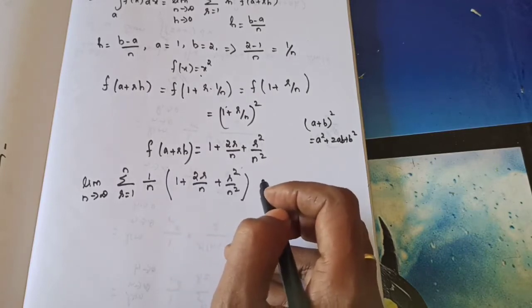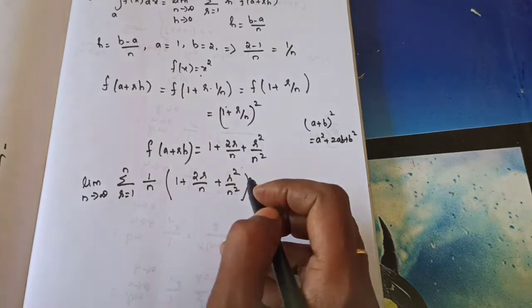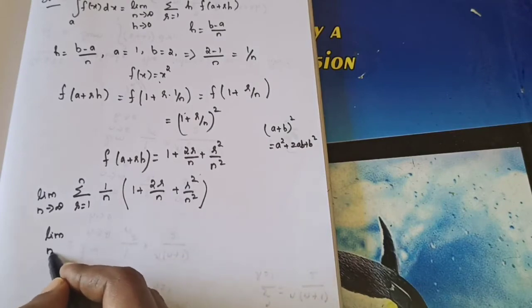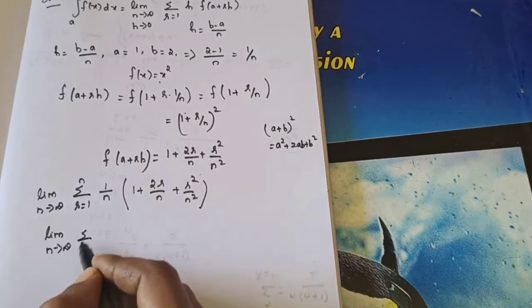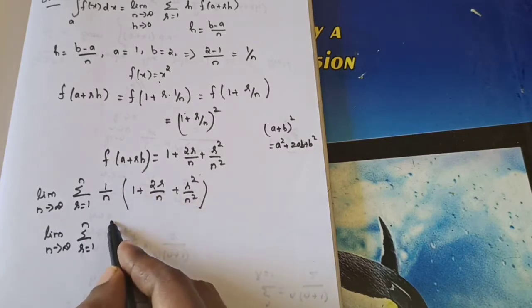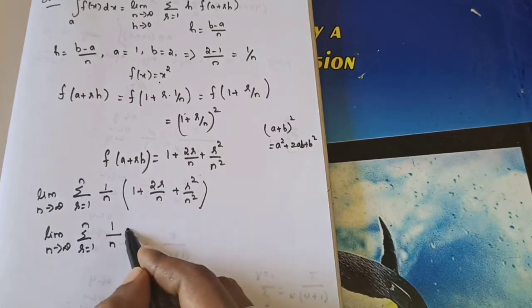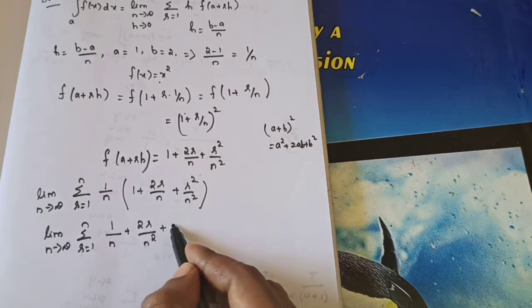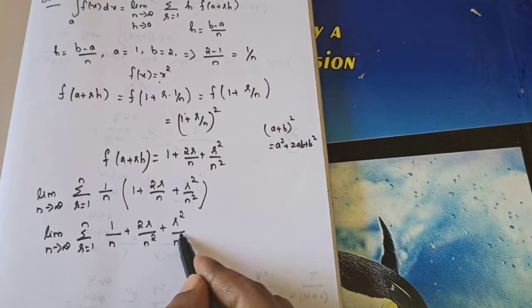Next step, what can you do? You will multiply inside. So limit n tends to infinity, summation r equal to 1 to n, multiply 1 by n inside. So what will happen? 1 by n plus 2r by n square plus r square by n cube.